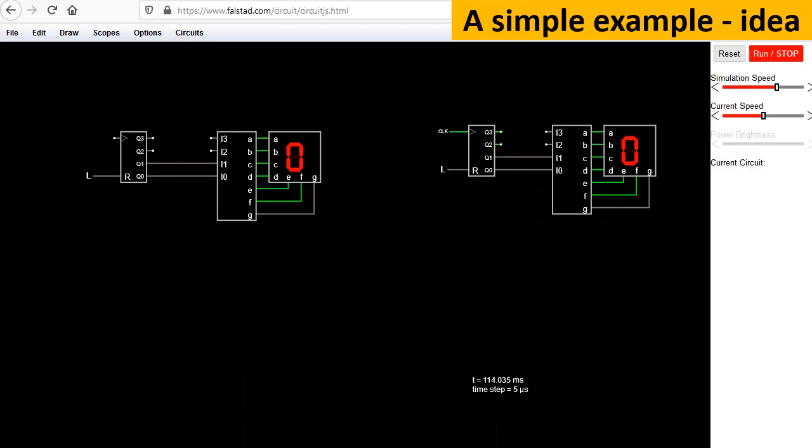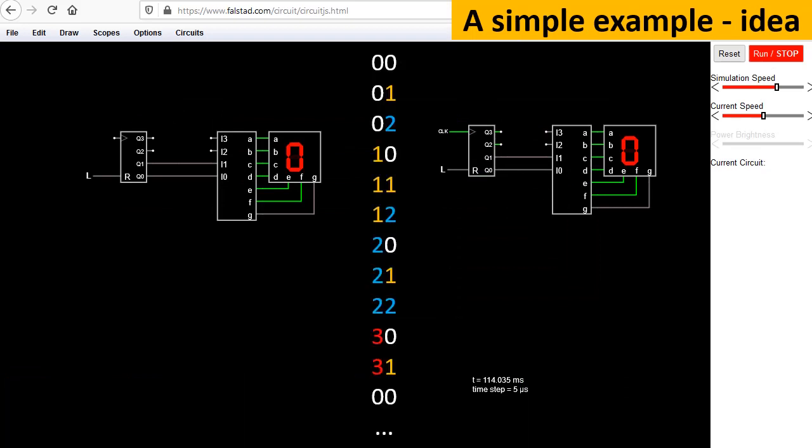Let's assume that we want to have a sequence like that. It means that this counter has to reset immediately when 3 arrives, and both counters have to reset when here is 3 and here 2 arrives.